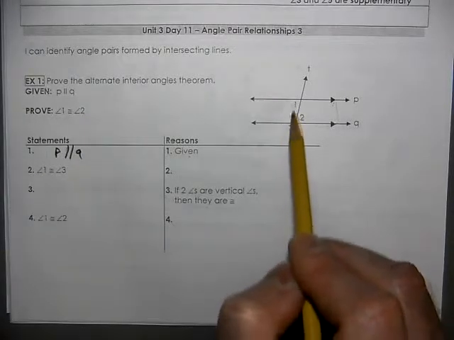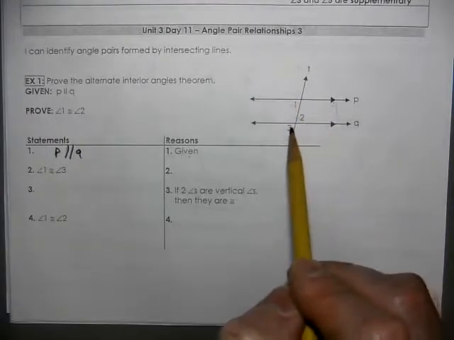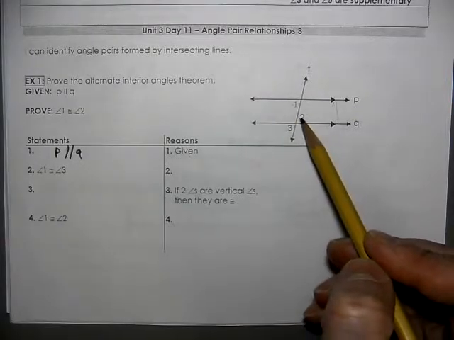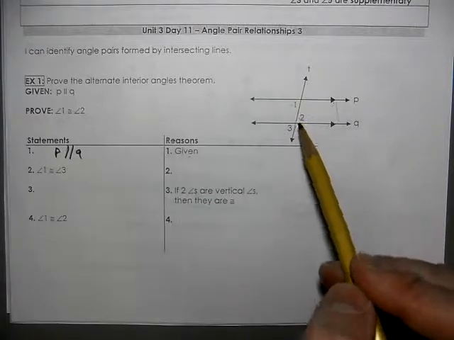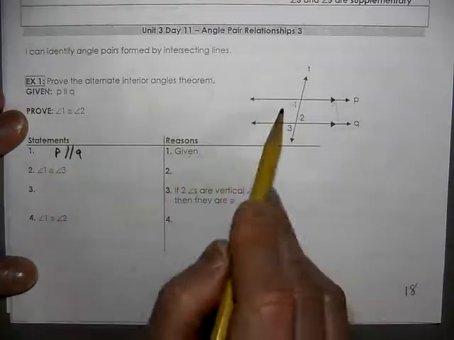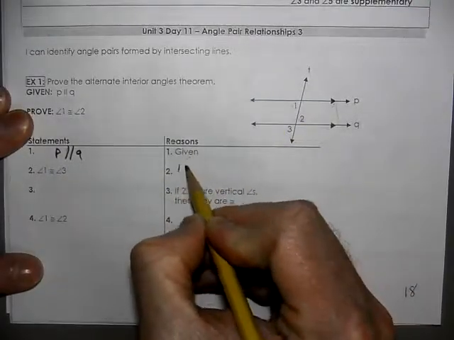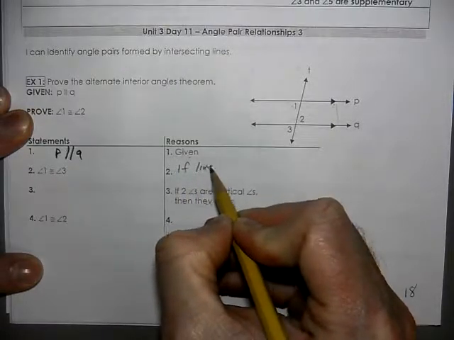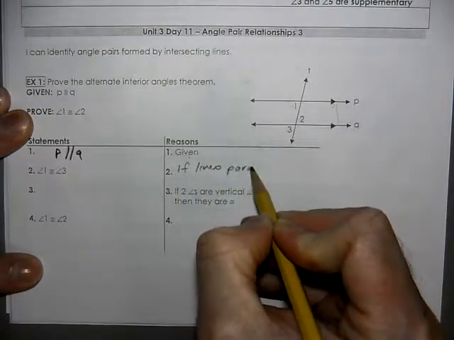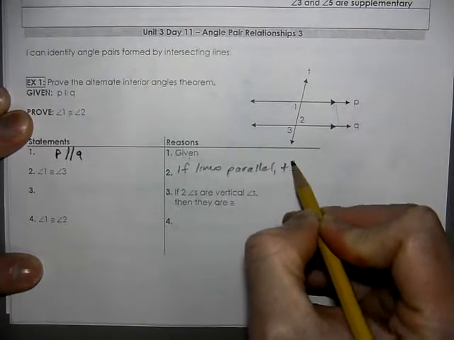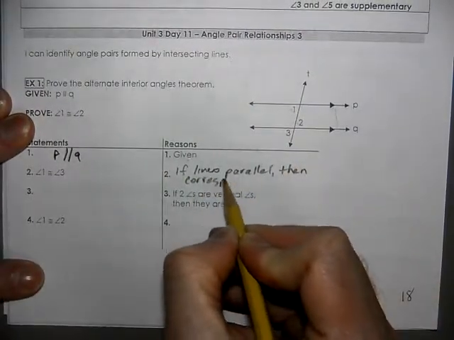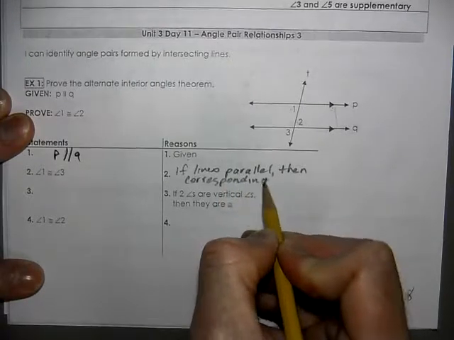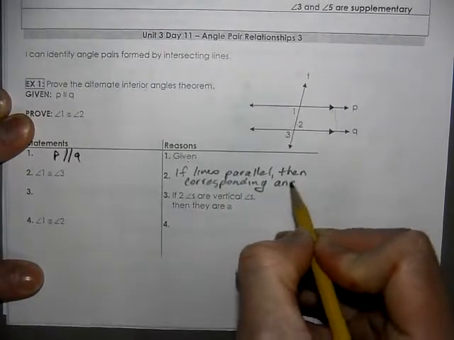So our corresponding angles are congruent when the lines are parallel. And because 2 and 3 are congruent, that makes 1 and 2 congruent. So 1 and 3 are congruent if lines parallel, then corresponding angles are congruent.